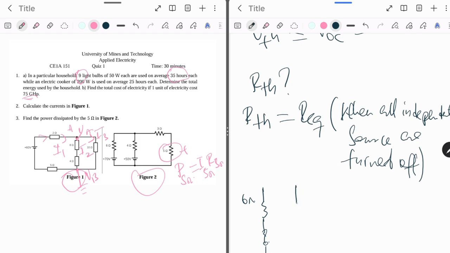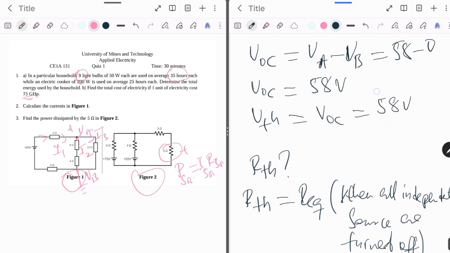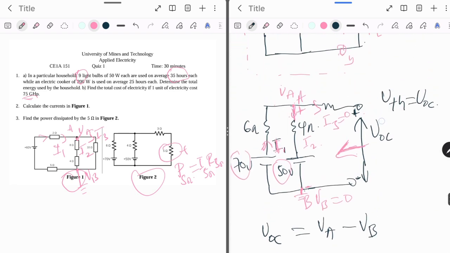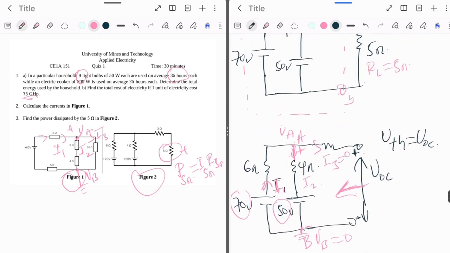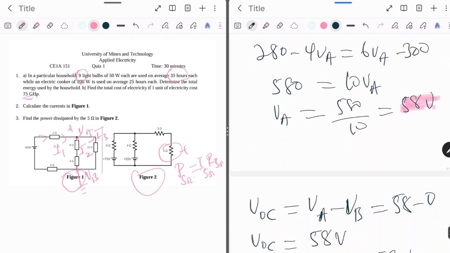Then we come to the other one, which I have 4 ohms here, and I have the place for the 50 volts. I'm going to turn it off by connecting a wire. Then I connect this. Remember, I now maintain the 3 ohms here.